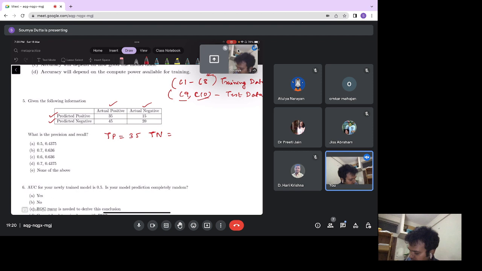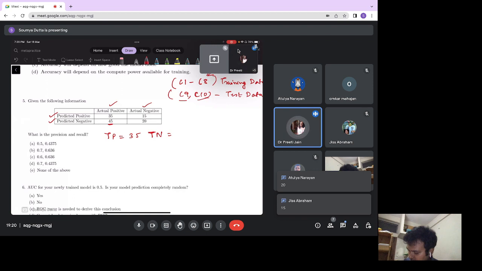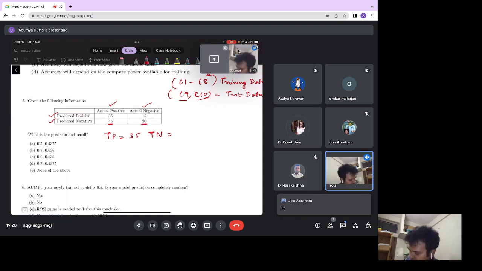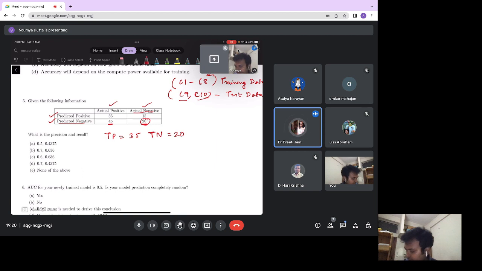True negative means I have predicted negative and the actual is also negative. So you are saying 45, but 20 is the correct answer. You see, here you have actual negative and predicted negative, so that is why 20 would be the correct answer, right?